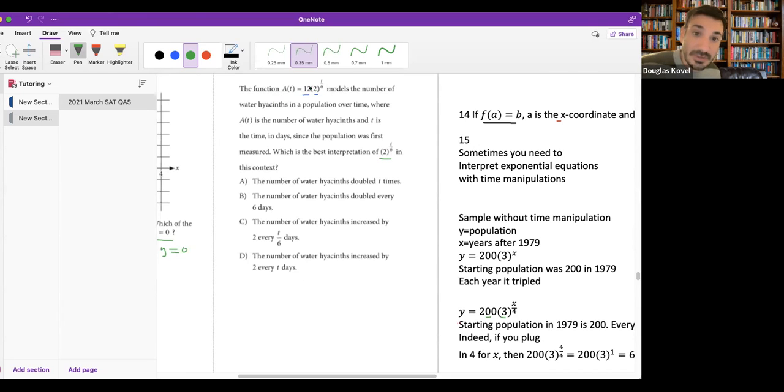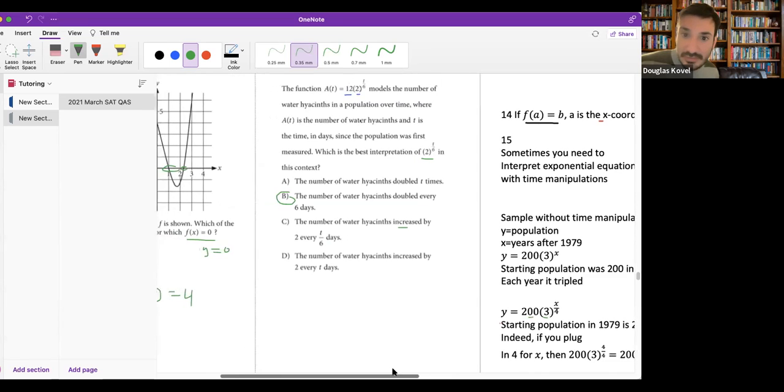So again, just for review, we know that 12 is our beginning number of the water hyacinths. 2 means that we're doubling, and the t over 6 means that this doubling is happening every 6 days, similar to that population problem I just made up for you. So that would go really nicely with choice B. One thing I do want to point out about C and D, sometimes people put C. So if you're increasing by a constant amount, that's actually linear. So remember, in linear growth, you're adding a constant amount, whereas in exponential, you're multiplying by a constant.